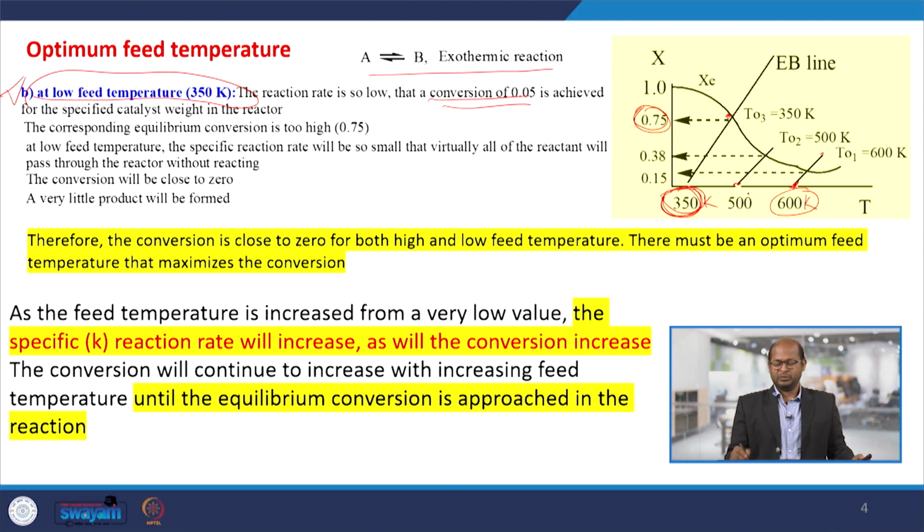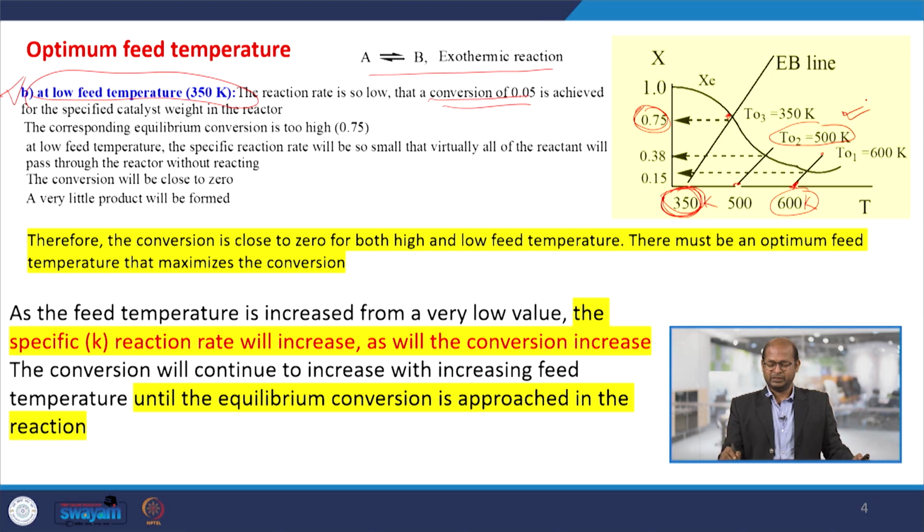So we have to choose some temperature in between, where the feed entering the reactor gradually converts into product, and by the end of the reactor we get an optimum conversion, neither very low, nor reaching equilibrium very fast. So we have to choose an optimum feed temperature.